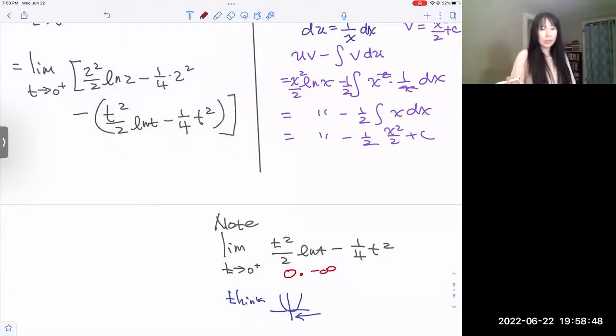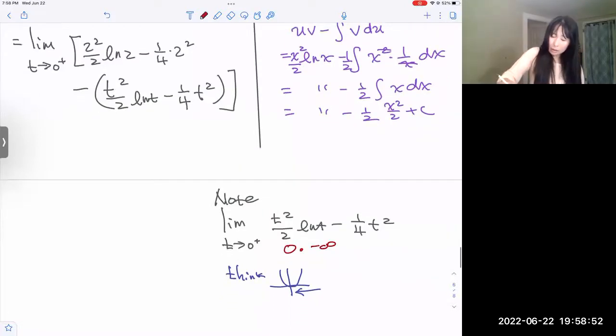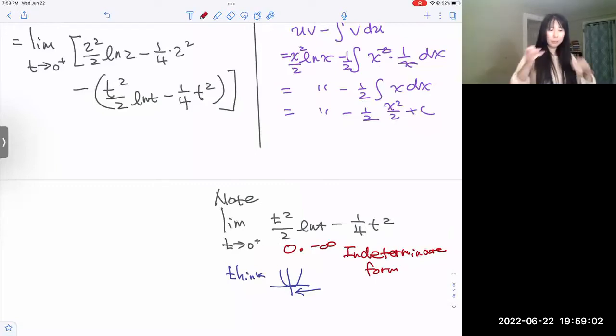Okay, so this is an indeterminate form again. All right, so in order to use L'Hopital, we have to make a fraction form. So we're going to make a fraction form.